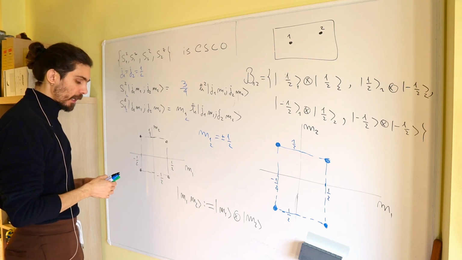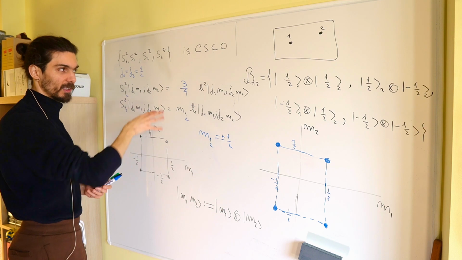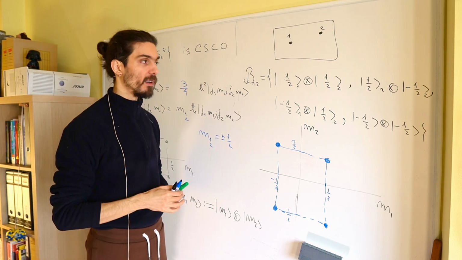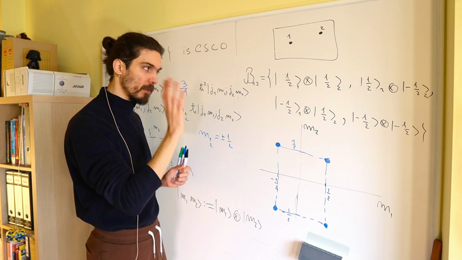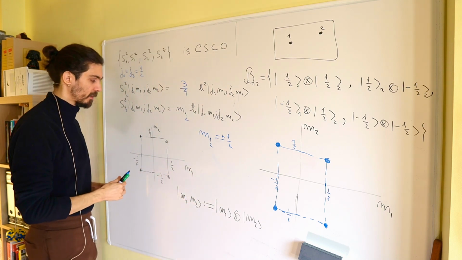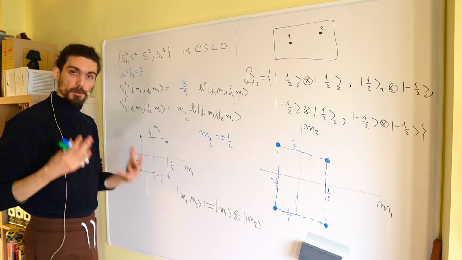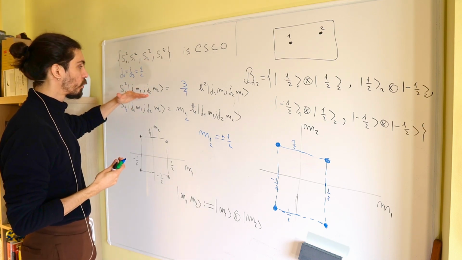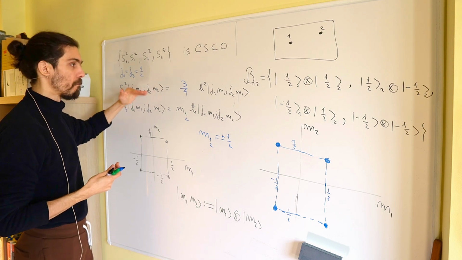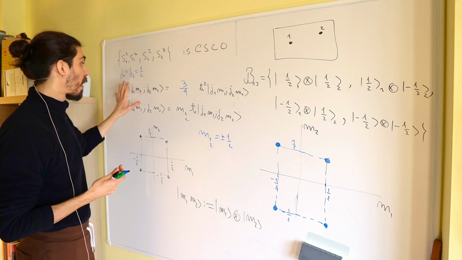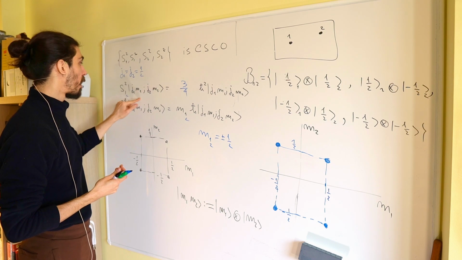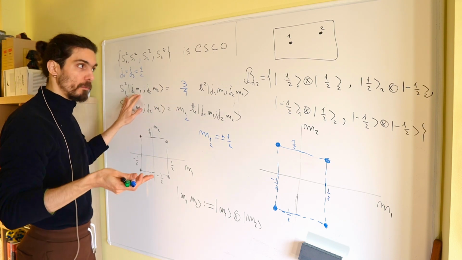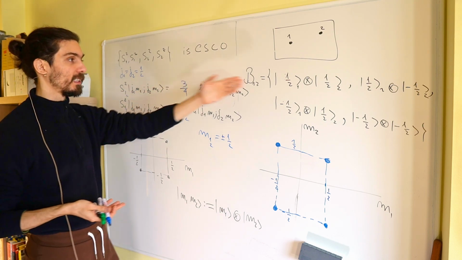The reason I'm telling this, a rather obvious assignment, is that soon you're going to make something very similar, the same idea, the same kind of assignment. But I want you to keep in mind that if you know this is a CSCO, the only thing you can do is label the eigenstates by the quantum numbers. Well, what is this thing supposed to mean? It's an eigenstate. This is written, but if you want to give further meaning, you need to relate these kets with something else.